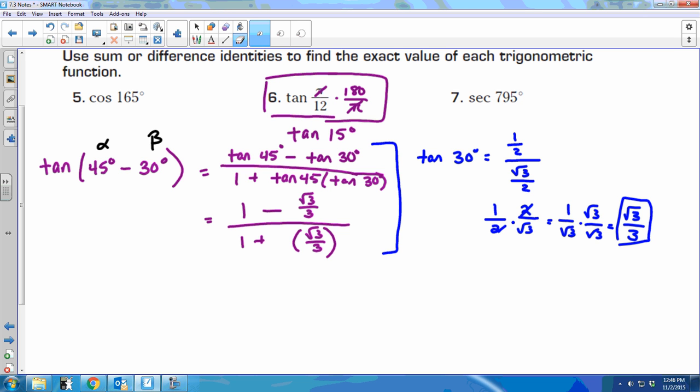So I don't even need this 1 here, really. And the problem is I can't have a fraction in the denominator. I definitely can't have a radical in the denominator. Okay, so the easiest way to get rid of this, and I'm telling you this because you're going to use it on every single tangent question, is to use the conjugate.